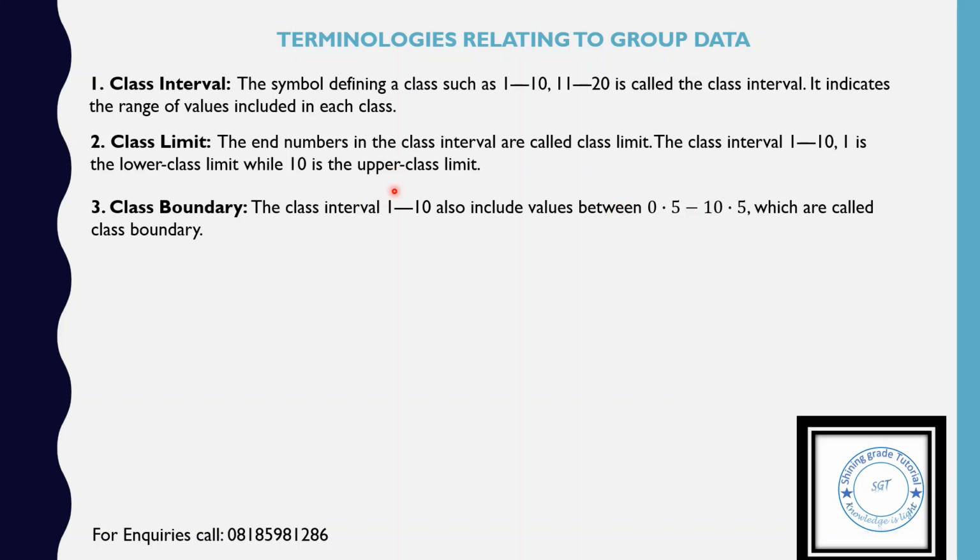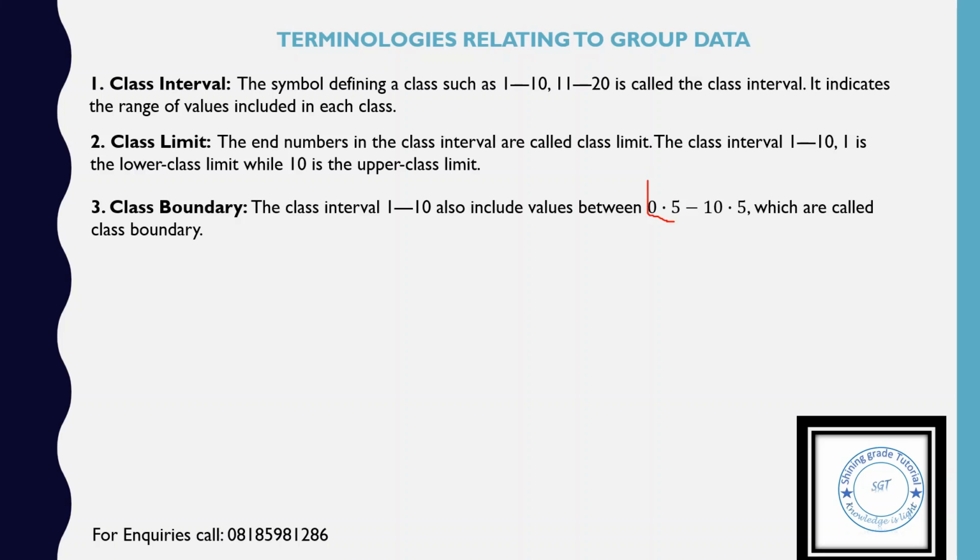I will take away 0.5 from 1, the lower limit, and we can also move the upper limit forward by 0.5, so we consider values up to 10.5. What we have here is what we call the class boundary of this particular interval.